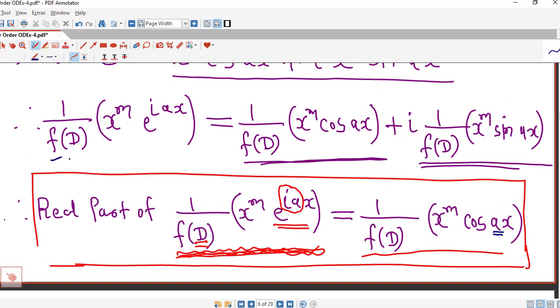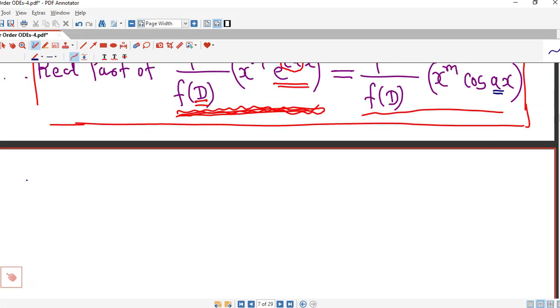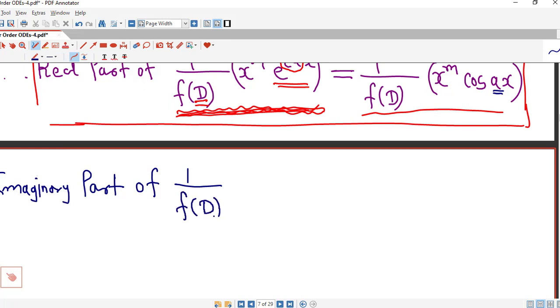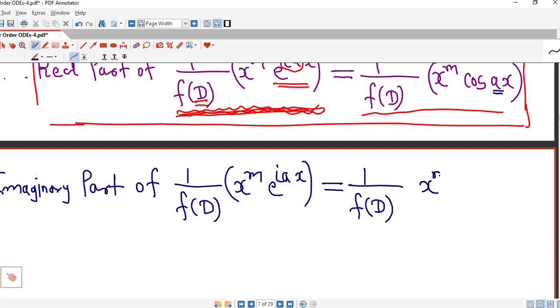Similarly, the imaginary part of this is 1 over f of D x raised to m sin ax. So we obtain the formula in the case of x raised to m into sin ax also. Here instead of real, we write imaginary part of 1 over f of D x raised to m into e raised to i ax, which is 1 over f of D x raised to m into sin ax.